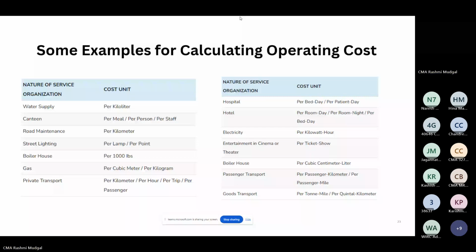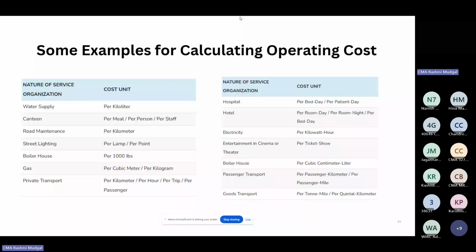Private transportation per kilometer, per hour, per trip, and per passenger. These are the four parameters where we can see per kilometer how much cost it incurred. Per hour, because of the traffic, we can see the auto meter is still increasing in the traffic, because the cost per hour is also taken into account.